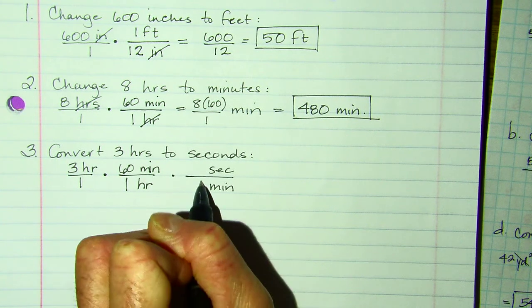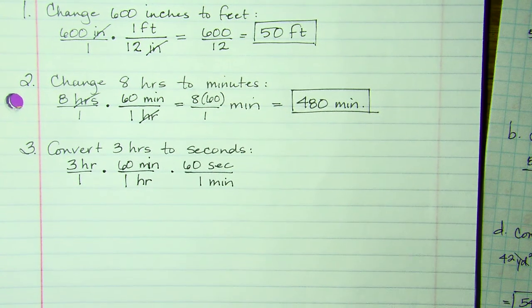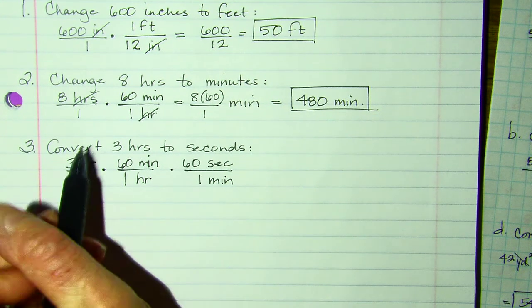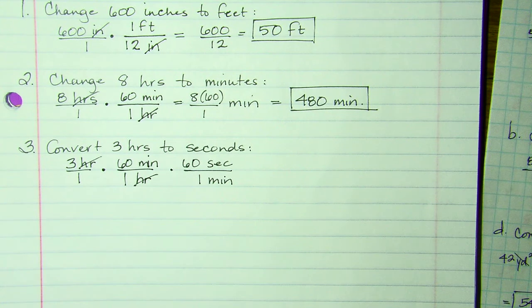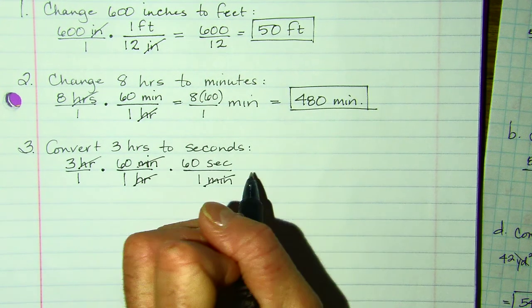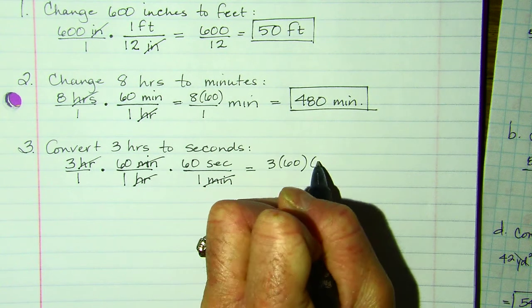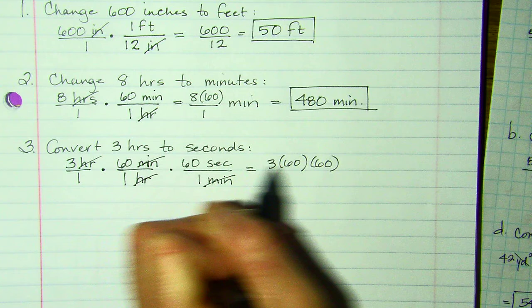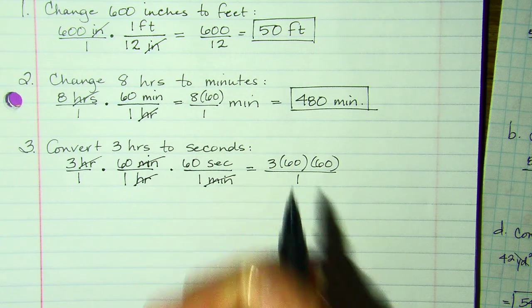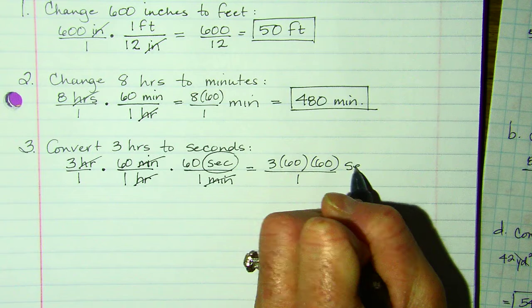So I know that 1 minute is 60 seconds. Now I'm going to cancel anything that's in the top and bottom. So hour over hour is gone, minute over minute. And so I am left with 3 times 60 times 60. I'm just going straight across over 1. And notice the only dimension left is seconds.